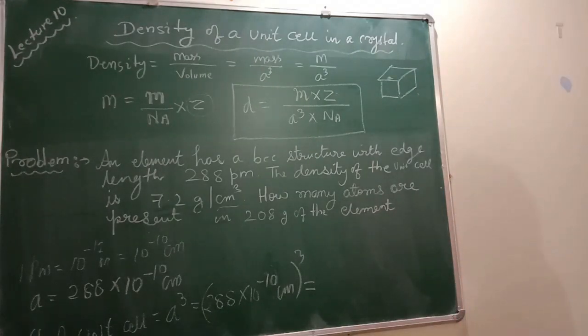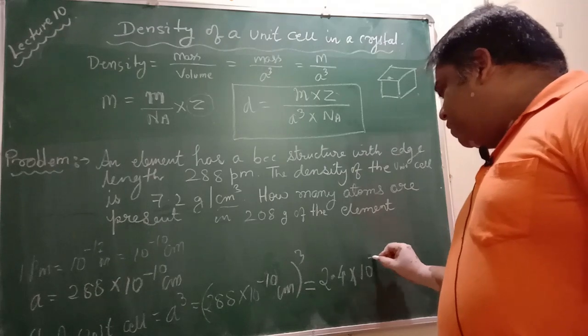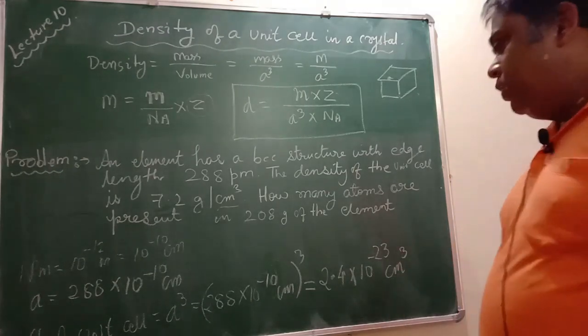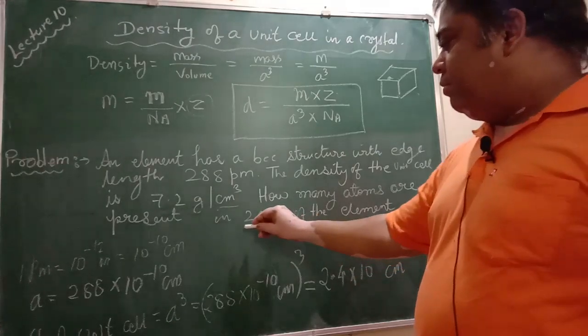Try to calculate this value. It is 2.4 into 10 to the power minus 23 centimeter cube. Now this is the volume of the unit cell. Now what is the volume occupied by the particles?